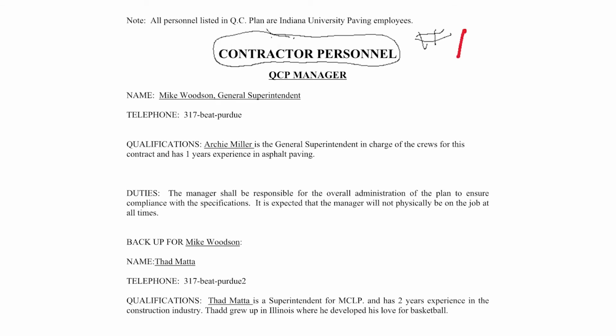The first thing, as you follow along with the PowerPoint, is your contractor personnel, so you need to identify the QCP manager. What I like to do is also put a backup for the QCP manager, so I'll list whoever the main person is and the backup, in case that person is unavailable to show up for a job or is on vacation or something like that.